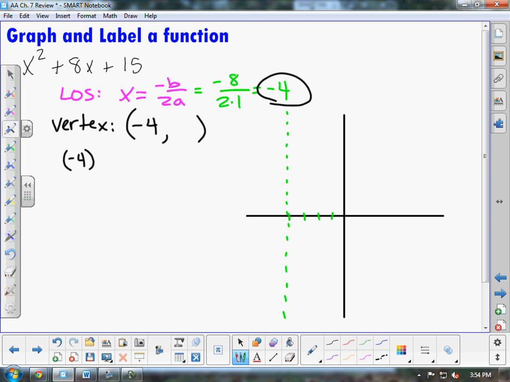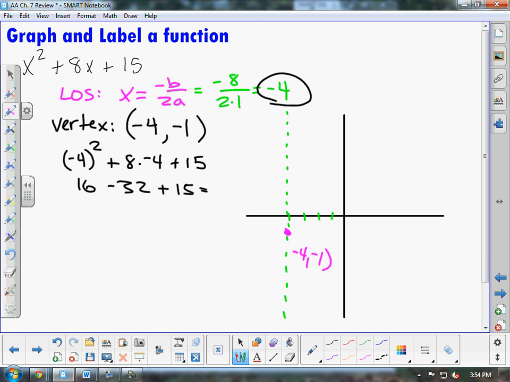So you have negative 4 squared plus 8 times negative 4 plus 15. And so that is 16 minus 32 plus 15, which is going to get you negative 1. And so now we know our vertex for this particular parabola is negative 4, negative 1.